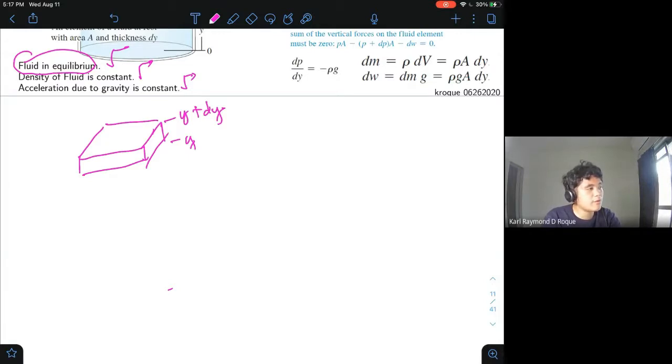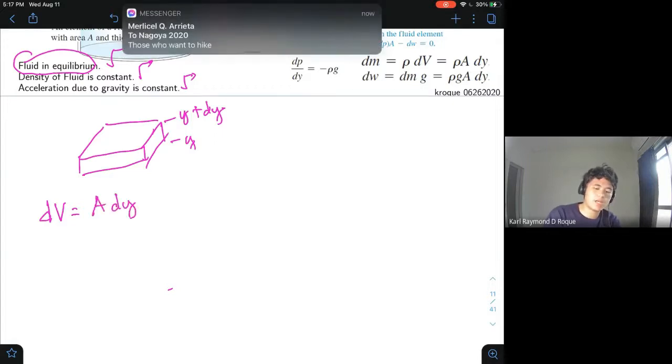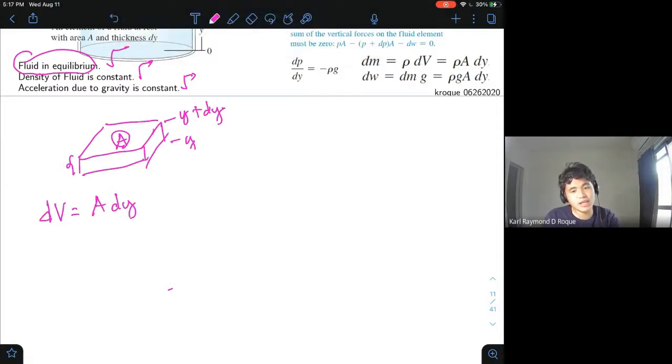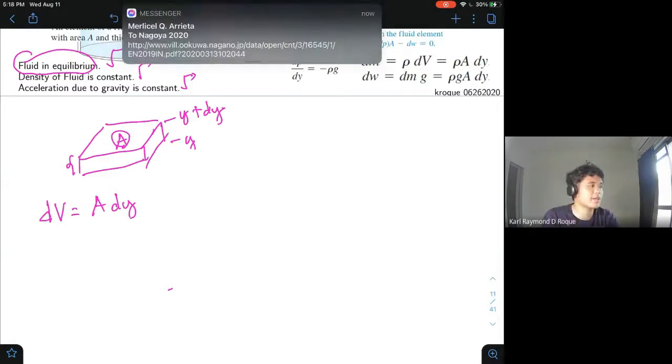So, what is the volume of this fluid? Any guess? It's easy. Since we take only a small element, the volume should be small. It's the area times the height. That's how you get the volume of a box. Actually, not just a box, even a circle: area of the base times height.